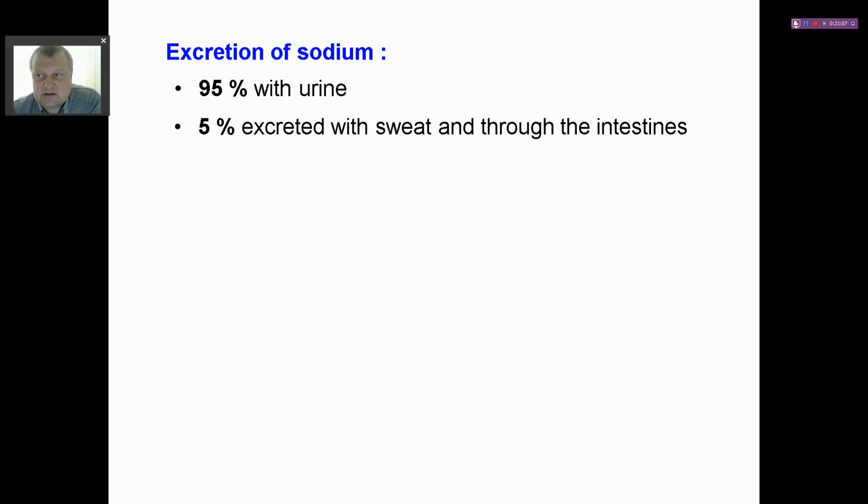And excretion of the sodium: 95% excreted with urine, and only 5% excreted with sweat and through the intestines.